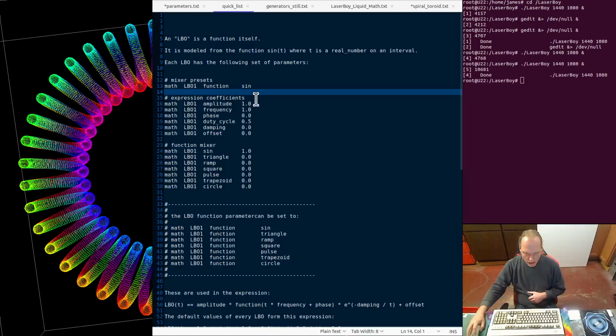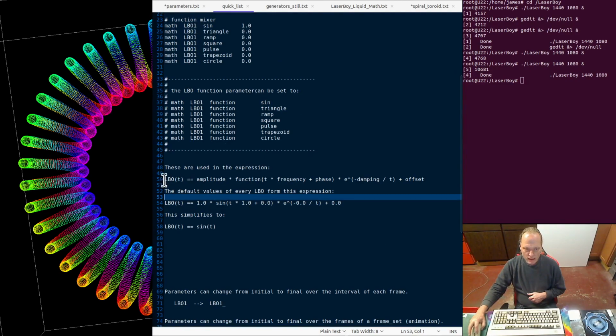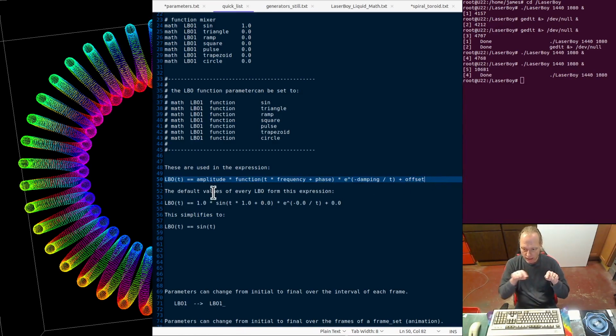And then it has these expression coefficients: amplitude, frequency, phase, duty cycle, damping factor, and offset. And these are the default values. Amplitude is 1, frequency is 1, phase is 0, duty cycle is 50%, damping factor is 0, offset is 0. And these coefficients, along with this function, are used in this expression right here. Okay? So the value of a LaserBoy oscillator at t, which is time, it's actually a point somewhere along the interval, beginning at start and going towards duration.